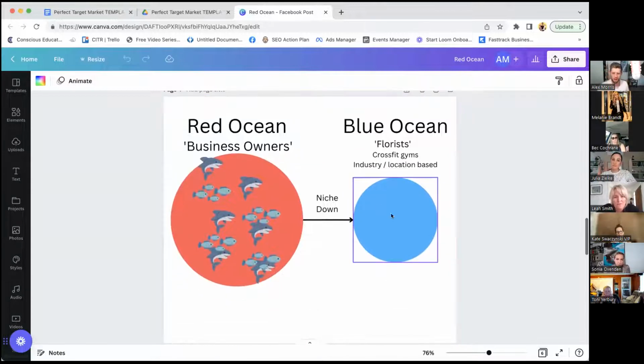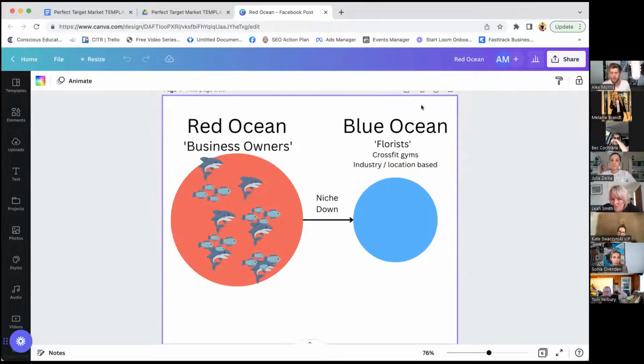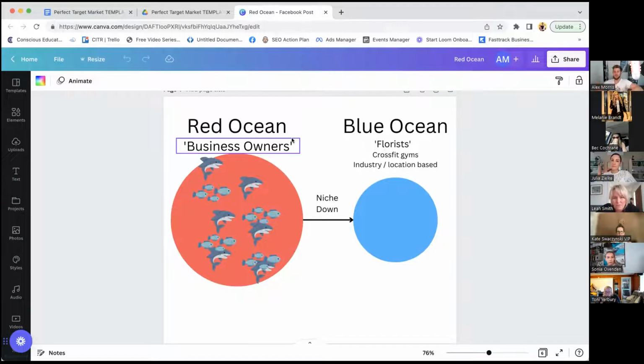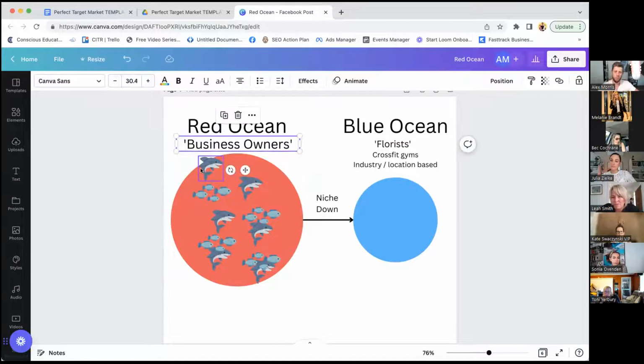So how do we get ourselves into a blue ocean where there's fewer sharks, less competition? We should have niched down one step, okay? And that's a good thing. Niching down just means adding one extra detail into the kind of people you're looking for. So, business owners, this was me as a digital marketer. There's people with way better businesses than me, or bigger at least.